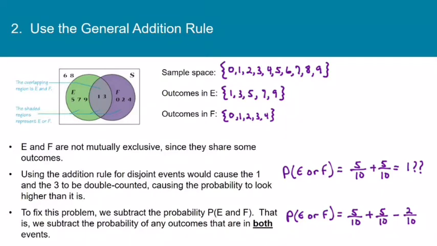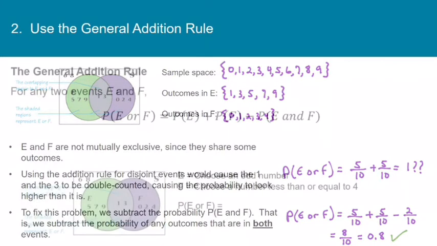So in this case, we would get 8/10, or 0.8, which is right, because if you count the outcomes, you have 1, 2, 3, 4, 5, 6, 7, 8 outcomes in E or F, and 10 total outcomes, so the probability of E or F ought to be 0.8. So this looks right.